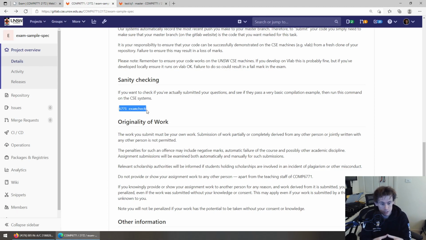This will literally just compile your tests, I believe. Either test one or your tests. I can't remember the behavior off the top of my head, but all this does is compile and run the tests on the CSE machine.